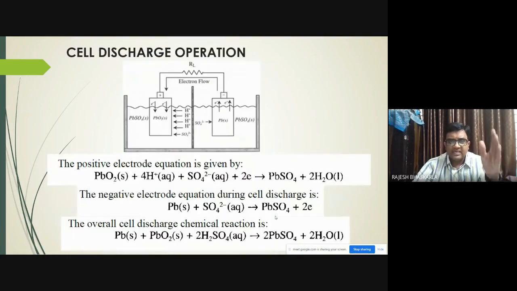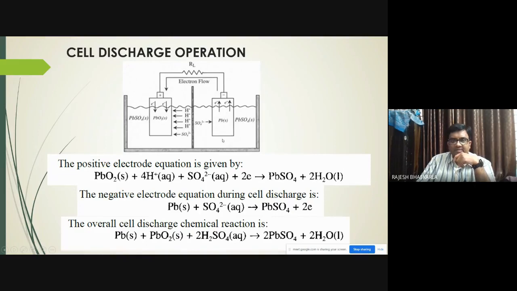You take discharge, you remember this. During discharging, the negative electrode releases the electrons and this is the chemical reaction. PbO2 reacts with electrons and this happens. At the negative electrode, Pb plus SO4 2- will form PbSO4 plus 2 electrons released.